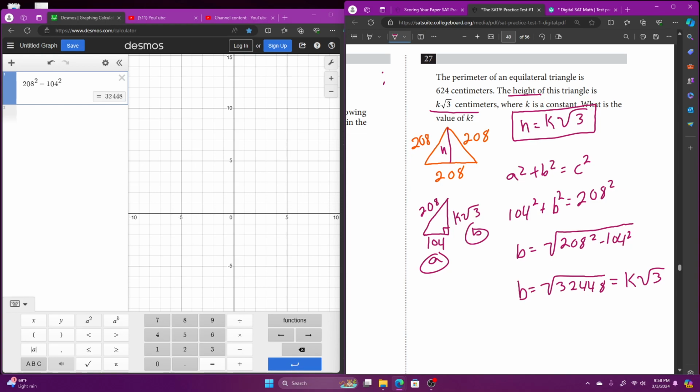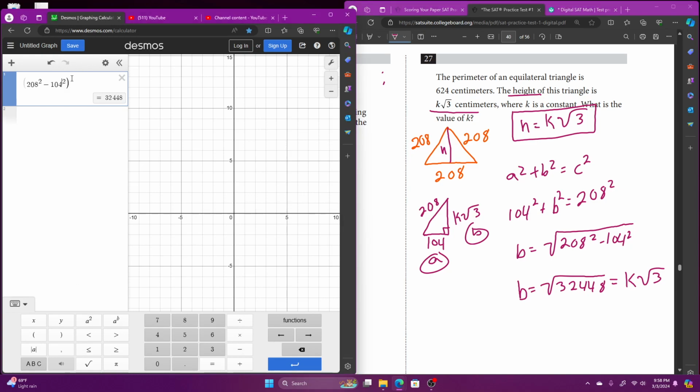So I know I can divide that by 3. If I just put that in parentheses, I get 10,816, and I should be able to take the square root of that. 10,816, and I get 104.